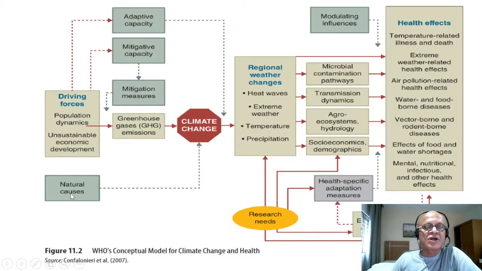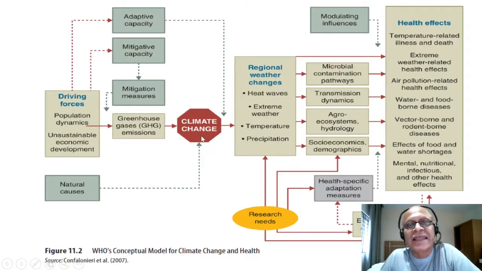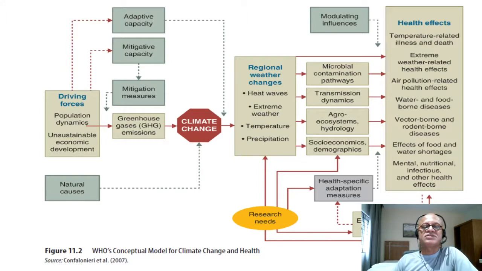So here we are with the natural causes causing climate change. We include El Niños, the North Atlantic Oscillation, Pacific Decadal Oscillation, orbital forcing on longer time scales, ice ages, and so on. But we have also driving forces such as population dynamics, unstable economic development, with greenhouse gas emissions being the proximal causes.